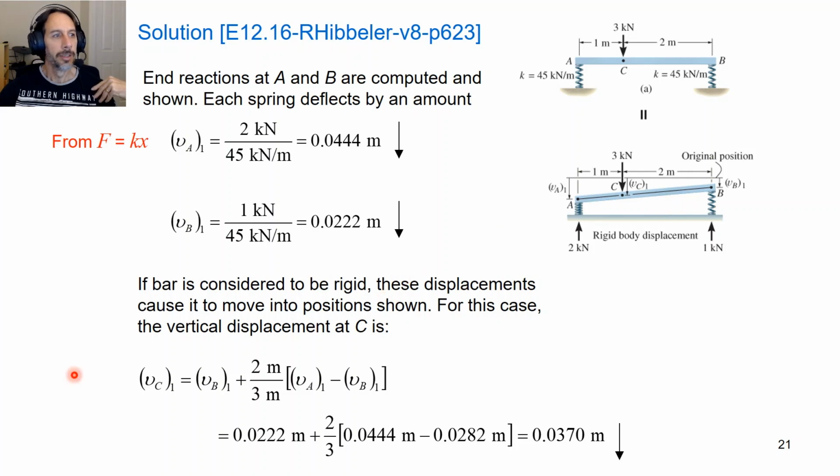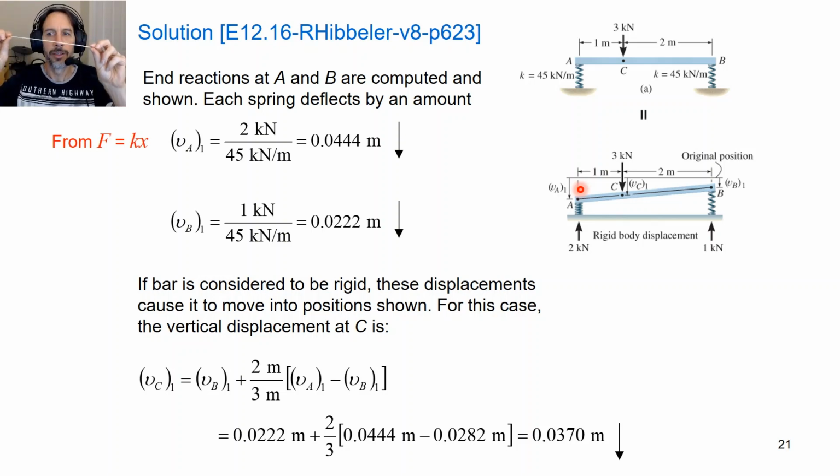Okay, so the deflection at point C here will be the deflection at point B plus this deflection here, which is just 2 over 3 times this deflection at the end. Okay, so get my stick again.